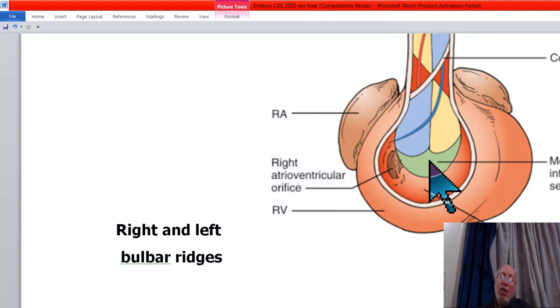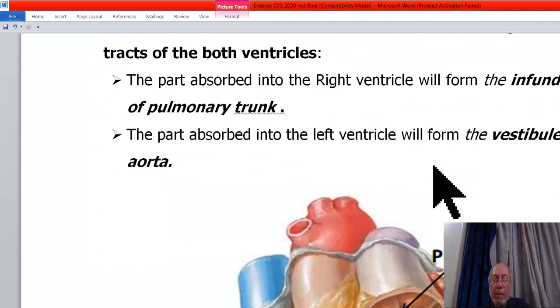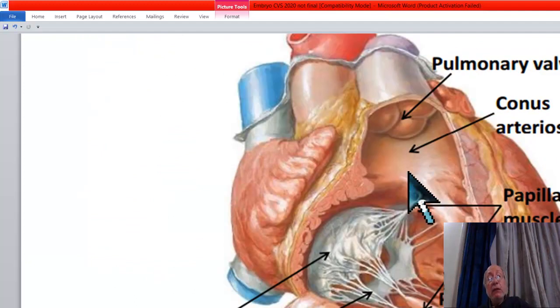How? The middle part of the bulbus cordis, which is called the conus cordis, is absorbed into the two ventricles to form the outflow of both ventricles.